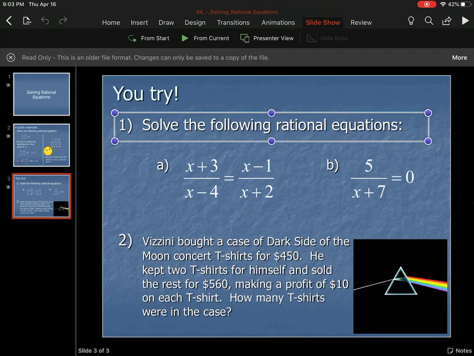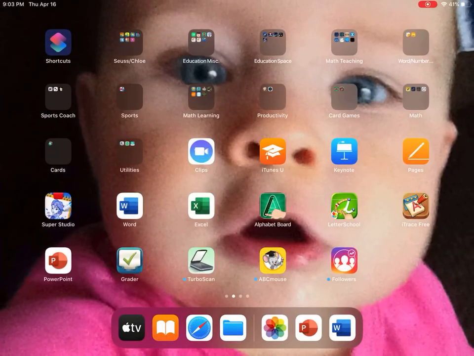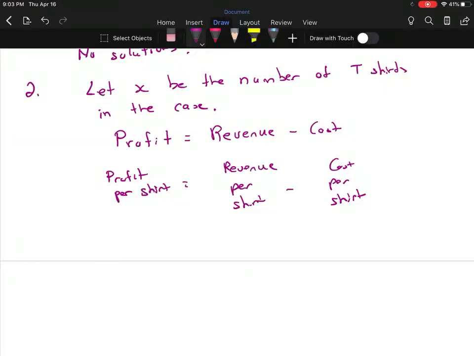When you go back to the statement, it says, Vizzini bought a case of Dark Side of the Moon t-shirts for $450. He kept 2 t-shirts for himself and sold the rest for $560, making a profit of $10 on each t-shirt. Okay, very helpful. His profit per t-shirt was $10. Great start. Now let's talk about the revenue per t-shirt.